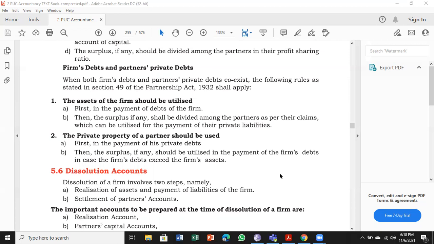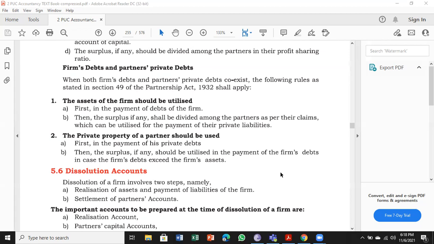So this happens in unlimited partnership. This is the danger of the partnership form. When the business incurs loss, the private property of the partners is also in danger. There is a situation connected to the partnership firm's debt and partners' private debts. So private debts have to be paid, then the business liability is to be paid.